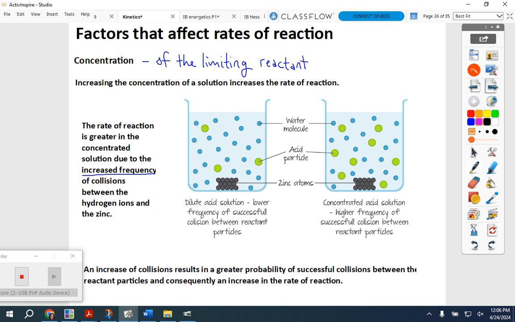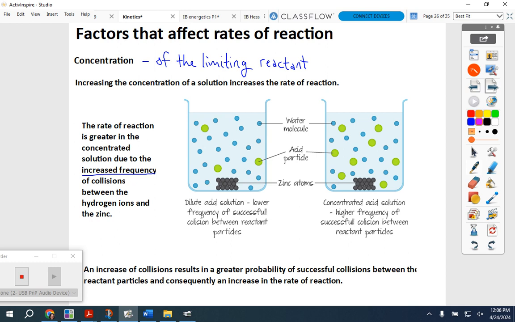In most cases, when we're talking about these reactions, we're talking about something that's happening in a solution. And so increasing the concentration of the solution is going to increase the frequency of those collisions. Okay, the more particles we have, the more likely they are to collide.